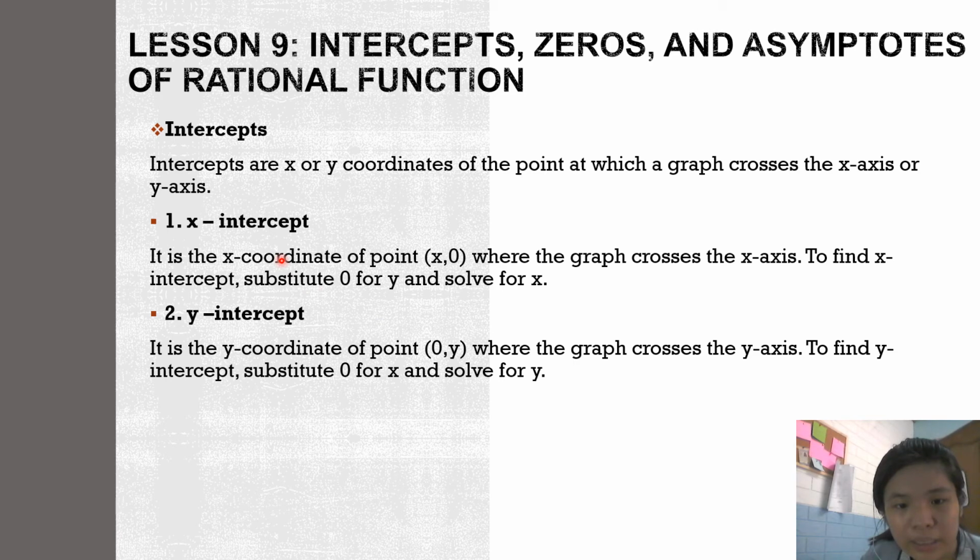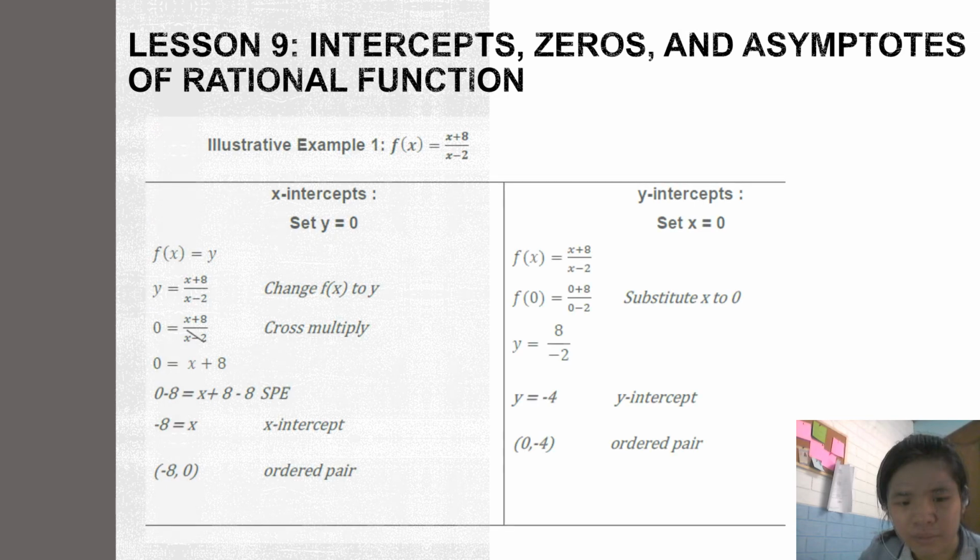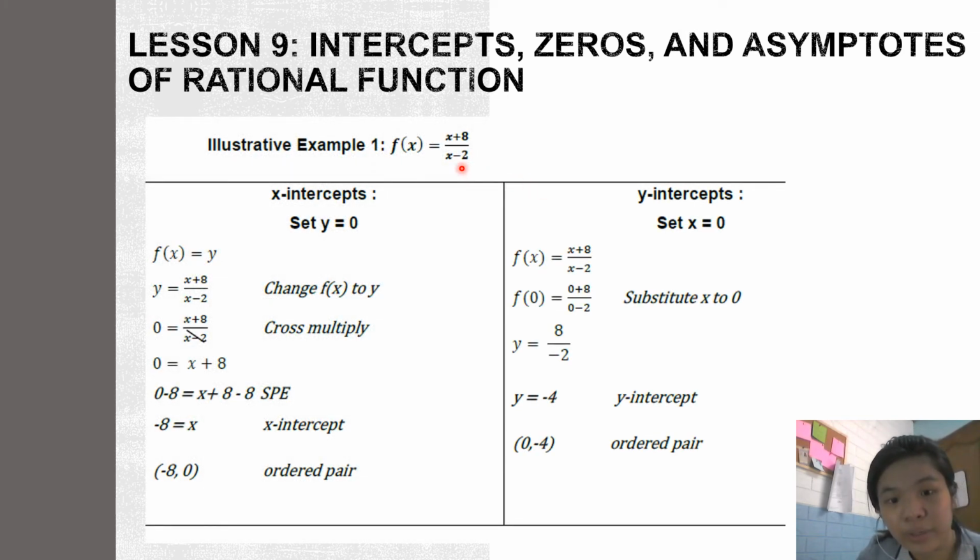So, in simple words, or in layman's terms, x-intercept is the value of x when y is 0, while y-intercept is the value of y when x is 0. So let us now solve this example, this rational function, and get the x-intercept and y-intercept naman.